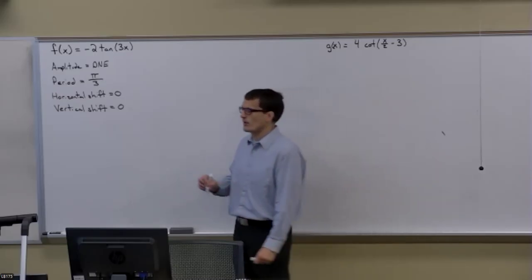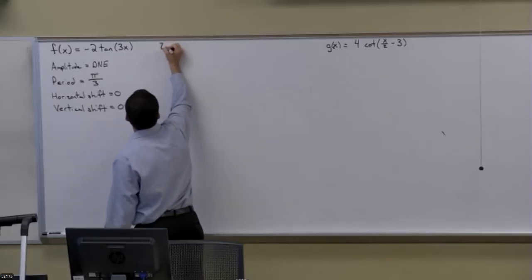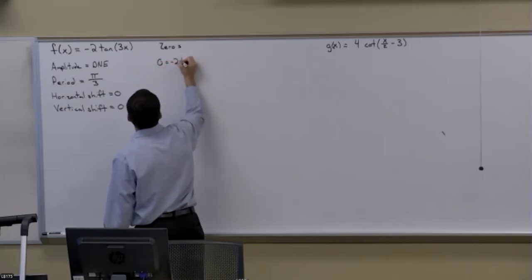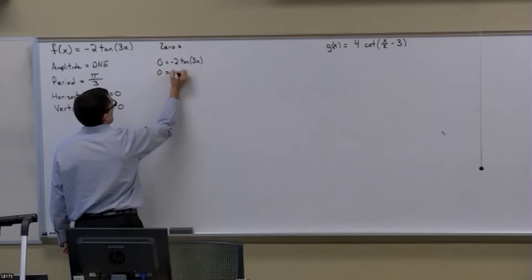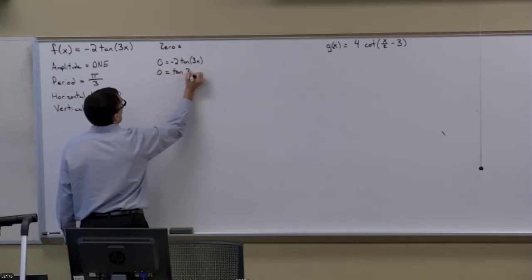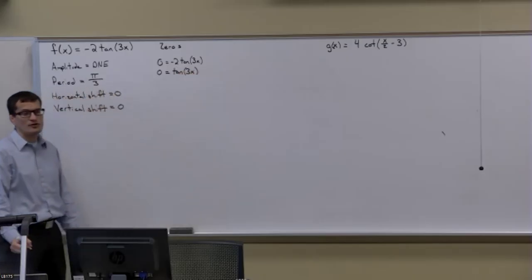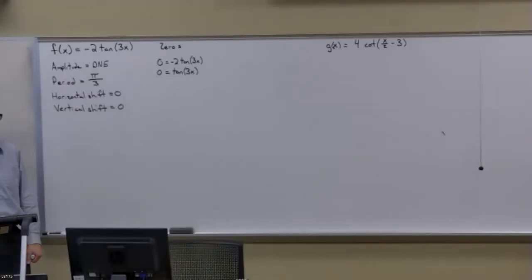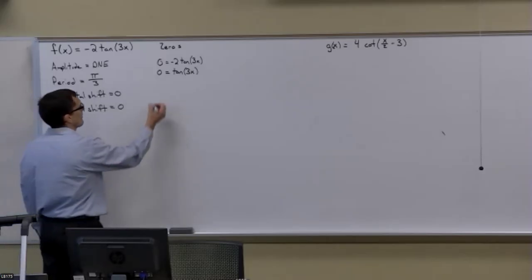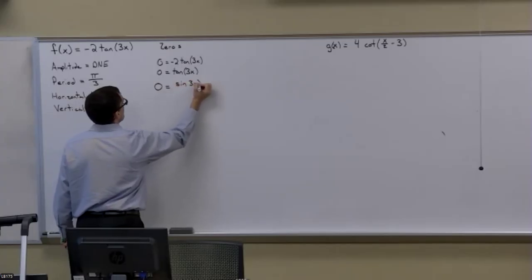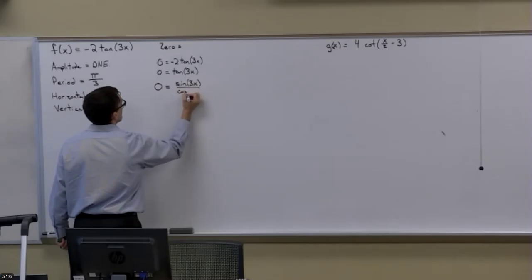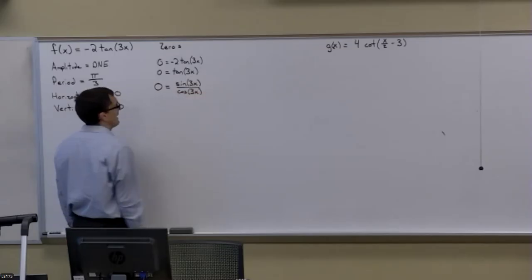Now, if I want to find zeros, first thing I would do is I divide both sides by -2. Dividing both sides by -2 gives me 0 is equal to the tangent of 3x. And here's where we have to understand what tangent does.